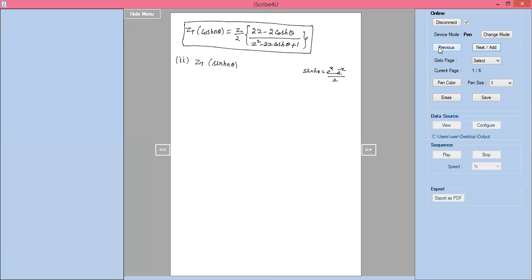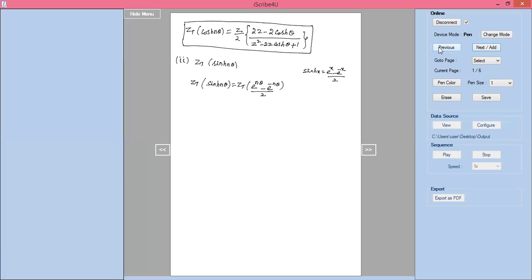Now you will write the Z transform of sin h n theta, which is nothing but the Z transform of, what is that? We will write e power n theta minus e power minus n theta divided by 2.